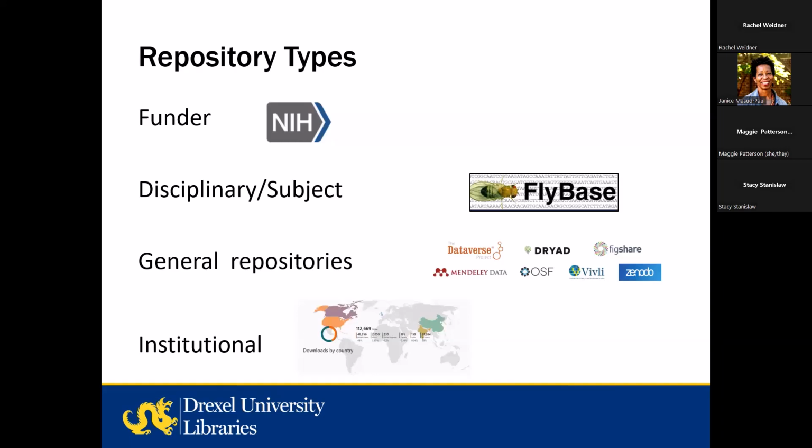Or your data of interest may be of interest to many disciplines, and you may want to maximize discovery. And finally, there are institutional repositories that store the research output of an organization. Not all institutional repositories can accept all types of data.